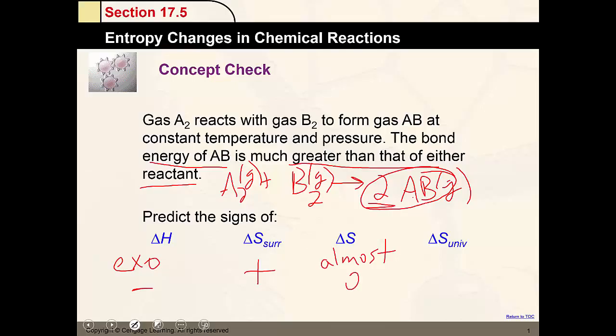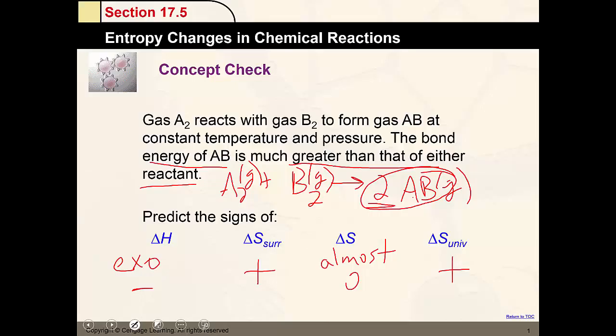So that means for the total entropy of the universe, if we have positive and we're adding 0, the change in entropy of the universe has to be positive. So you should be able to analyze a reaction like this and determine the signs of each. Even if you're not given any numerical data, you should be able to predict these signs.